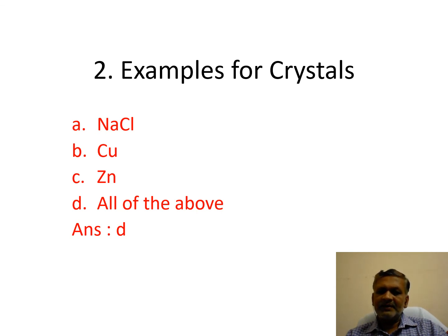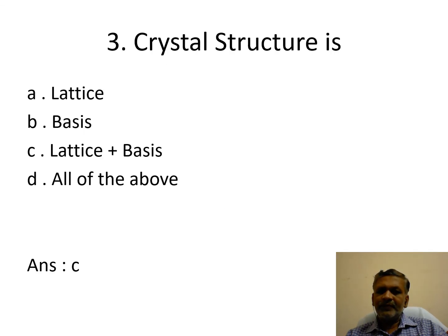The right answer is D, all of the above. Crystal structure is A, lattice, B, basis, C, lattice plus basis, D, all of the above. The answer is C, that is, lattice plus basis is called the crystal structure.